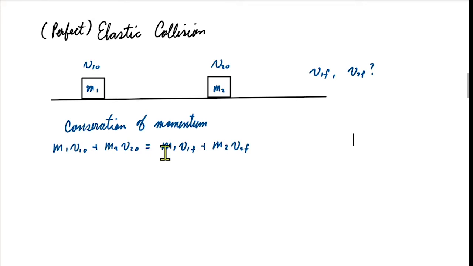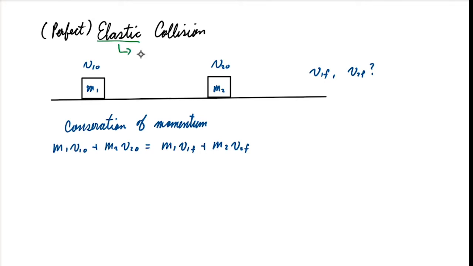In this case, we have two different variables. How are you going to find it? We need one more equation. Where does that one more equation come from? That comes from this word elastic. What's the definition of elastic collision?